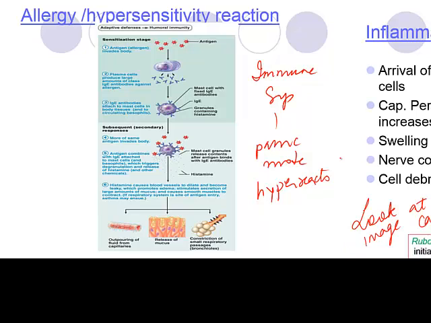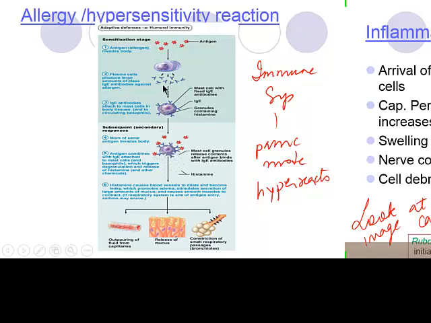So the first thing that happens is that whatever antigen is present, which is called an allergen, it could be pollen, you could be allergic to eggs, you could be allergic to shellfish, everybody is allergic to different things, some people are allergic to food coloring. That allergen enters the body and it goes to the plasma cells and causes them to produce antibodies against that allergen.